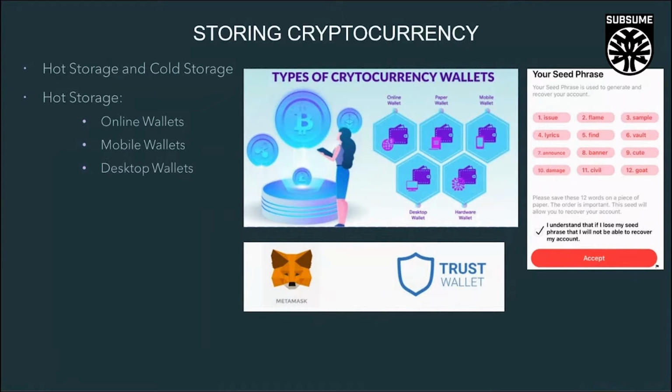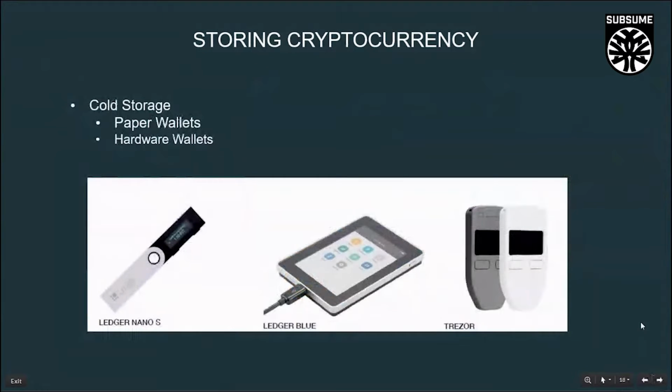Then you have what's called cold wallets, or hard wallets, which are for more security. Your cold wallet is not online or accessible the same way that a hot wallet is. You have a device that takes that currency off of the exchange, off of your Coinbase account, and keeps it in a device.